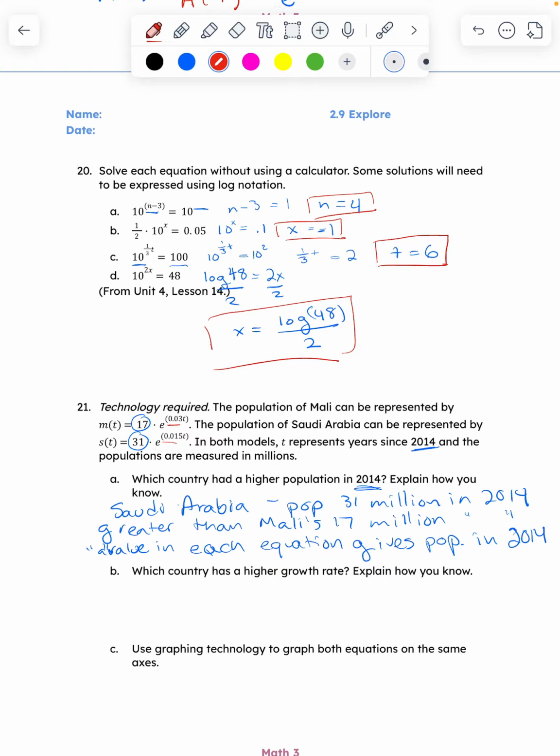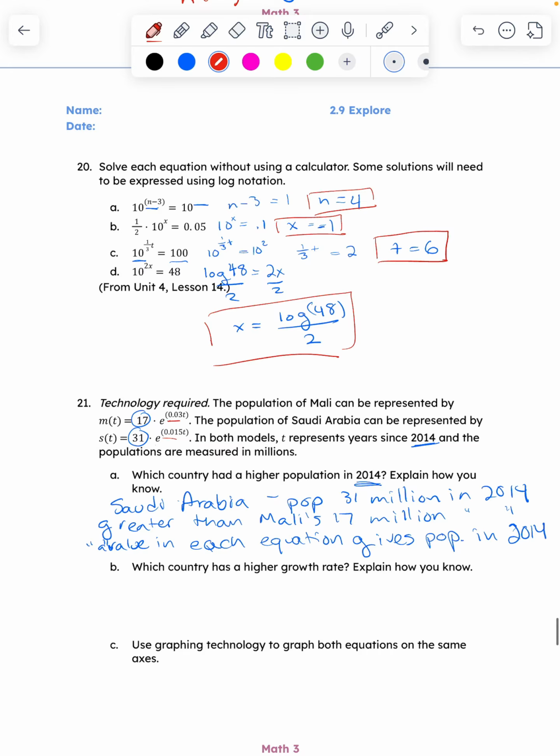So Saudi Arabia, right, has a growth rate of, it looks like 3%, right? And Mali, oh, no, sorry, Mali has a growth rate of 3%, and Saudi Arabia has a growth rate of 1.5%. So I'm going to say Mali has a growth rate of 3% higher than Saudi Arabia's 1.5%.